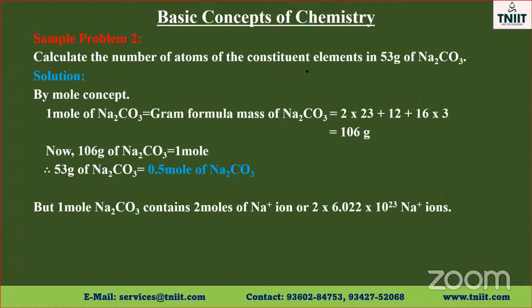Calculate the number of atoms. This kind of question is important. Calculate the number of atoms constituting 53 grams of sodium carbonate. What is the molecular mass of sodium carbonate?